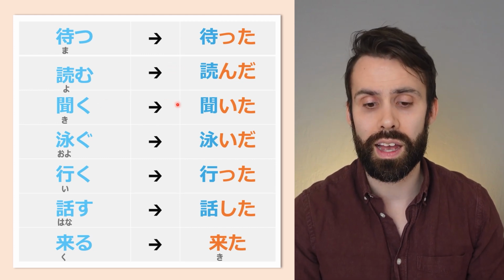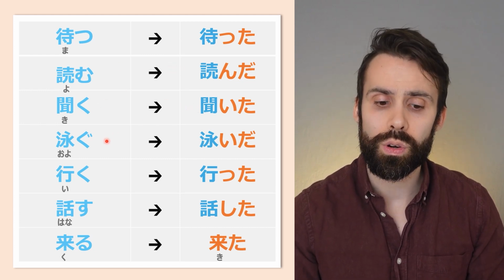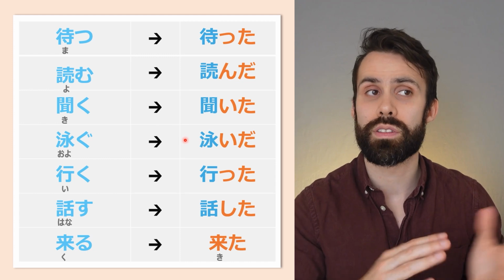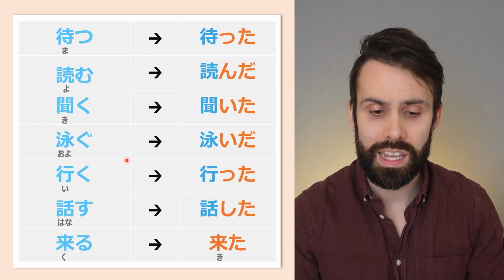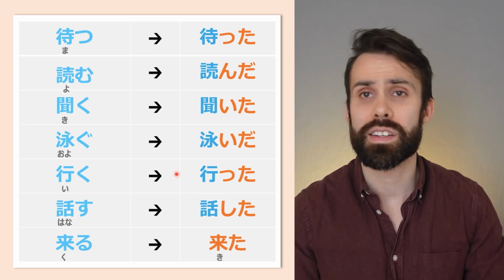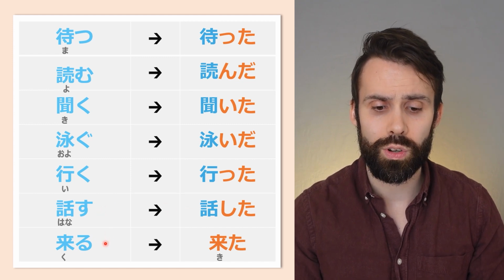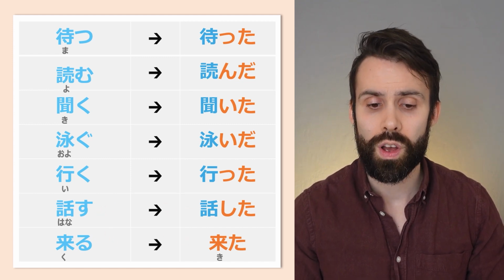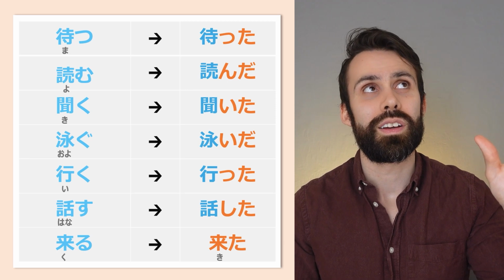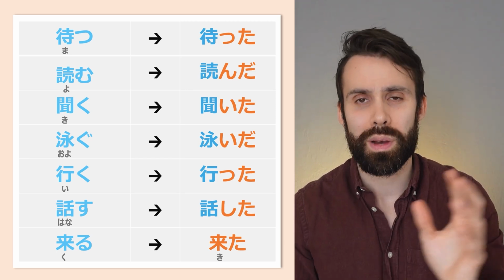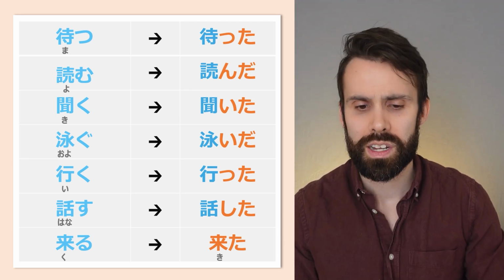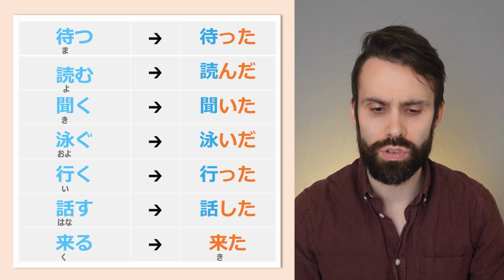Kiku becomes kiita, to have listened. Oyogu becomes oyoida, to have swum. Iku becomes itta, the same as ikimashita. Hanasu becomes hanashita, and kuru becomes kita. So when we cross that bridge with the past informal verbs, it will be very easy.